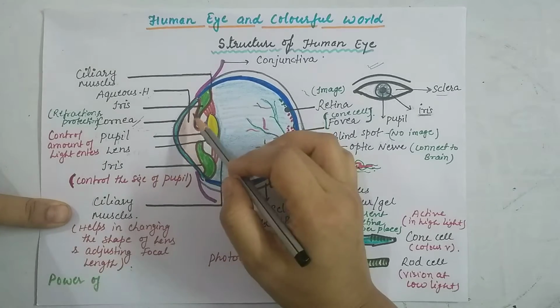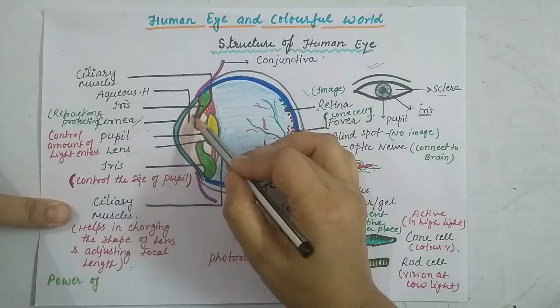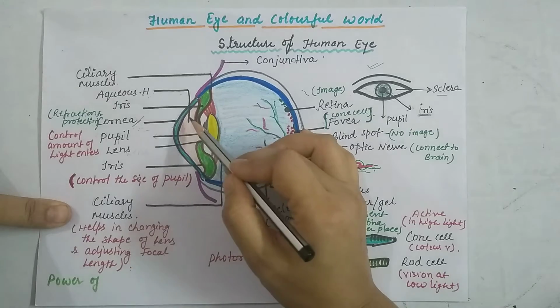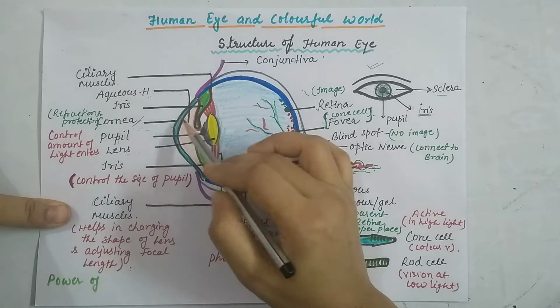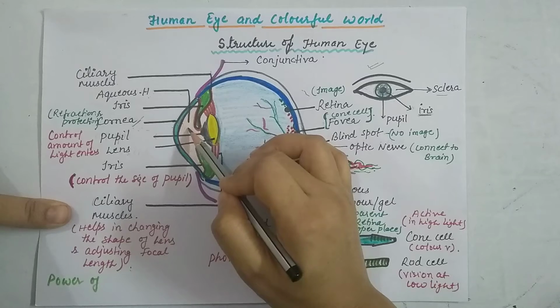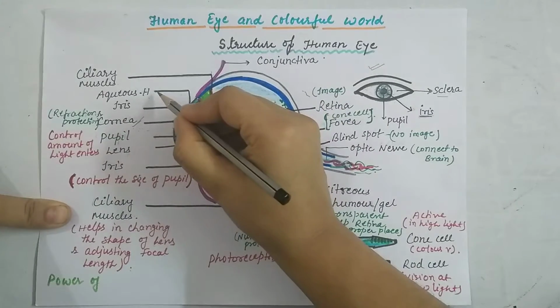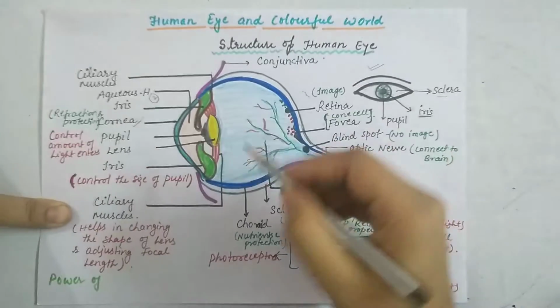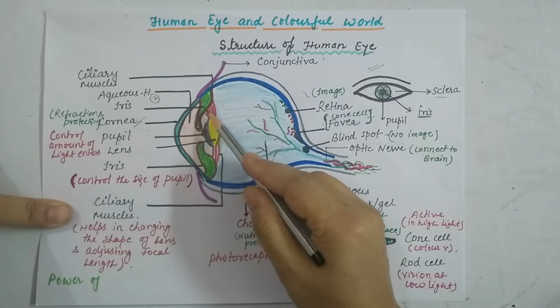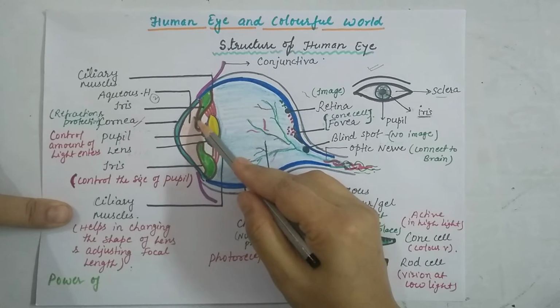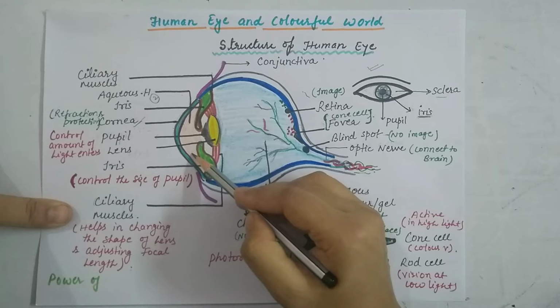Now the second part, you can see the colored part here. This is called aqueous humor or aqueous gel. So after the cornea comes the gel called aqueous humor.